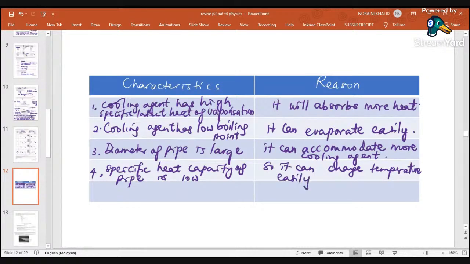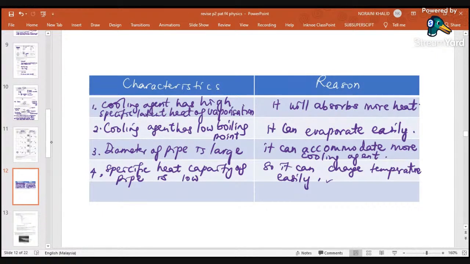Because this cooling agent has a low boiling point, it can evaporate easily. So if you use a specific heat capacity which is very high, the pipe takes longer time to cool down. Okay, so we want to make sure the pipe can be cooled down faster also. Heats up faster and cools down faster. That's why we use a specific heat capacity of pipe which is low.